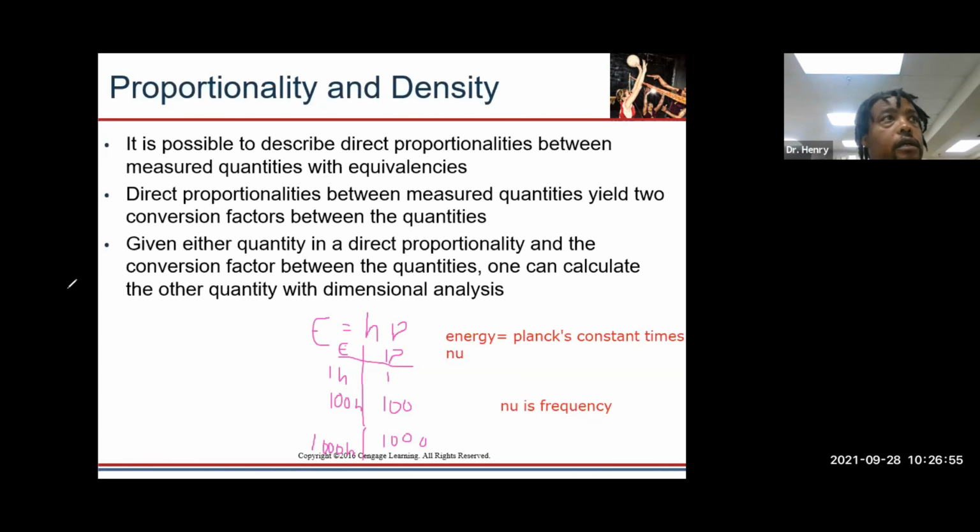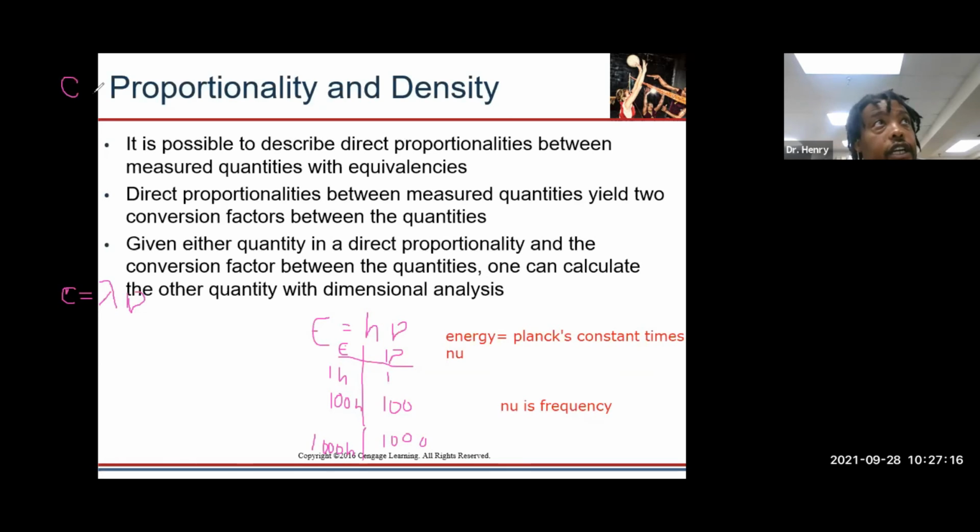Now, if we have the speed of light is equal to lambda, which is the wavelength, times nu. Now, the speed of light is also a constant. The speed of light is always going to be exactly the same.